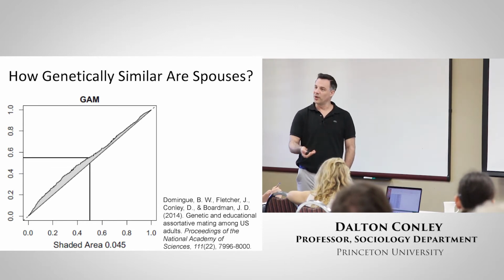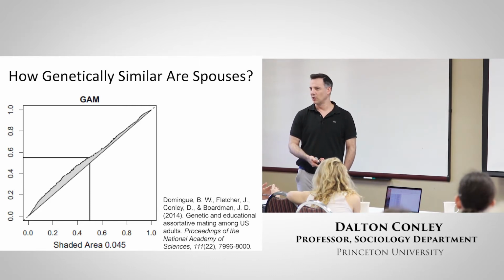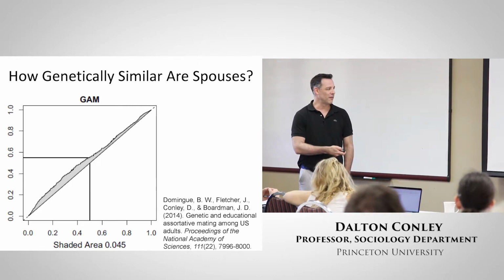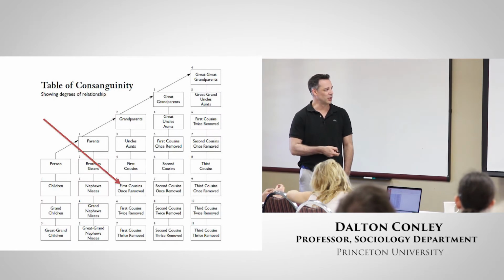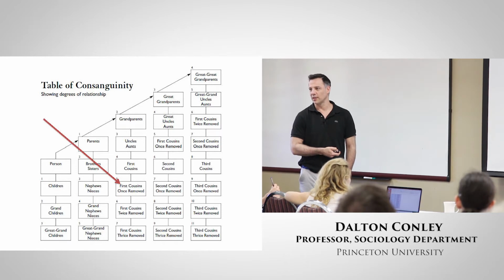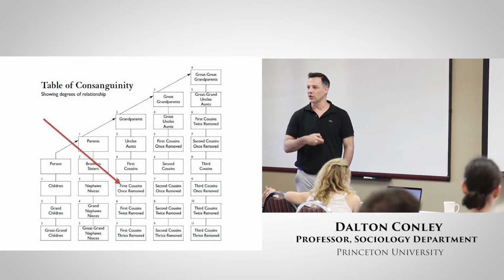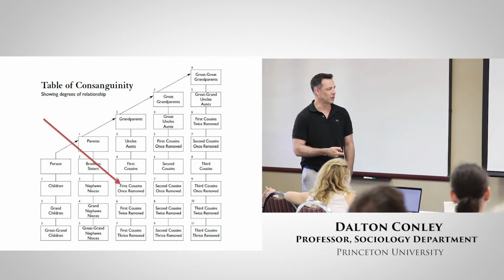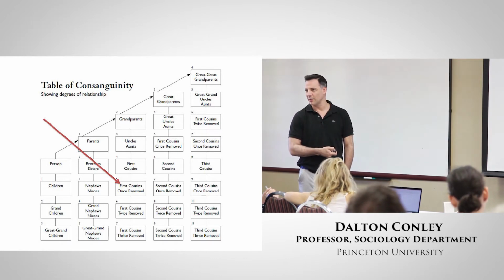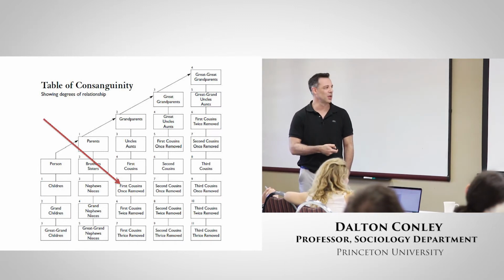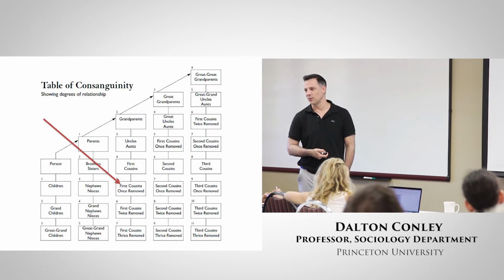And you can compare spouses to the population mean, which would be 0, and we find that spouses in the United States, with no tradition of first cousin marriage, like many countries in South Asia and the Middle East, for example, where over 2/3 of marriages are actually between known first cousins, we still find that because of ethnic stratification, you know, intra-ethnic marriage, and because of assortative mating on observed phenotypes, we're the equivalent of first cousins once removed.